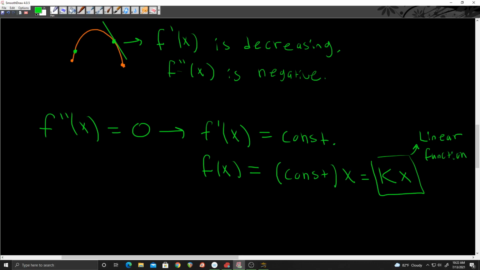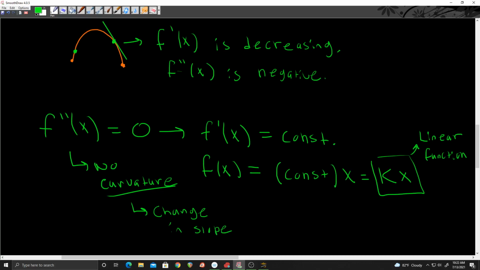So a linear function is a perfect example of something with a second derivative of 0, no curvature. And curvature is literally just a change in slope.